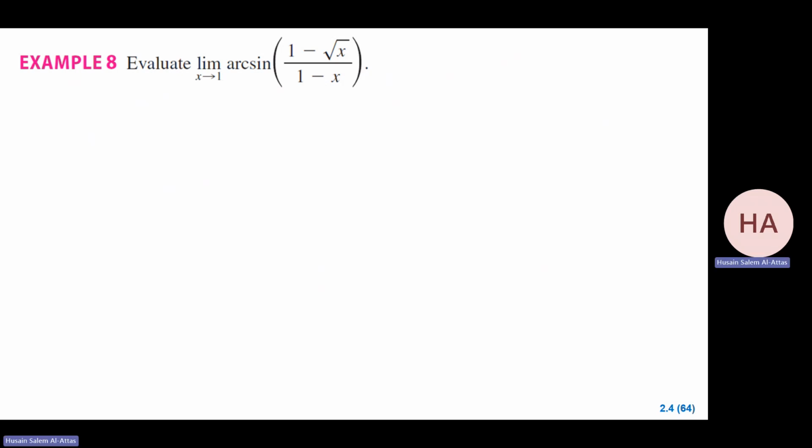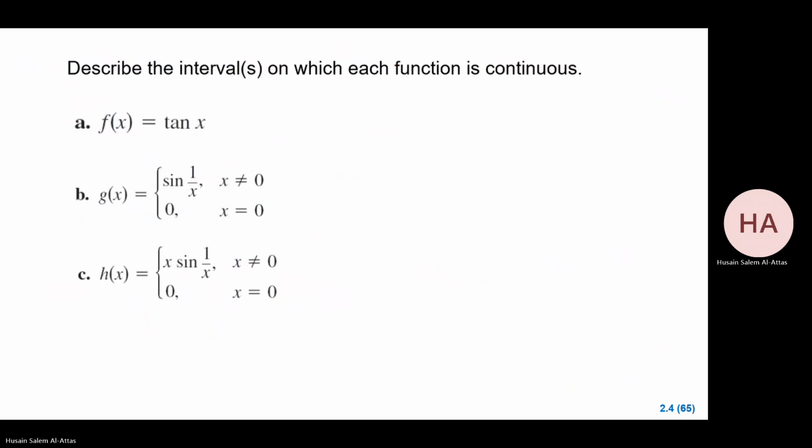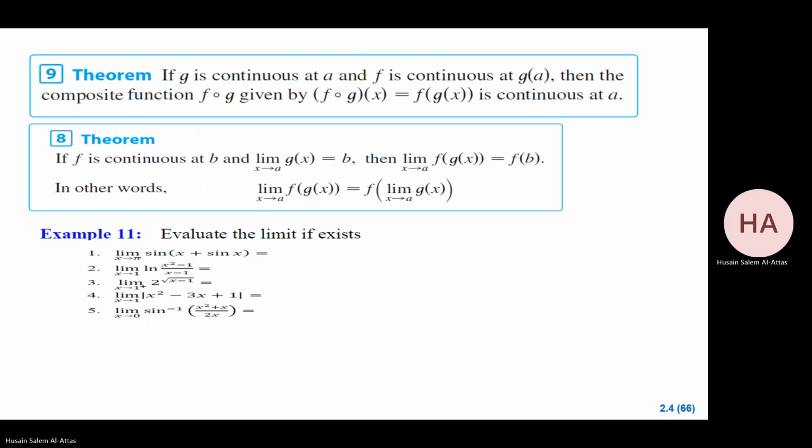Now, if I have function of a function, actually, I'm applying these theorems. If f is continuous at b, and the limit of g of x is equal to b, and f is continuous at that value, then finding the limit is just by taking the limit inside.